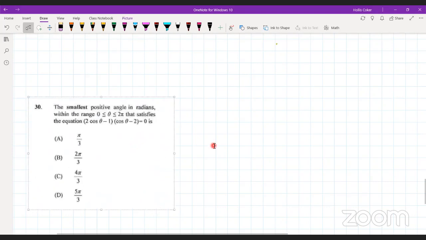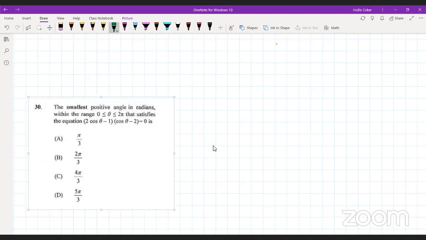The smallest positive angle in radians within the range 0 less than theta less than 2 pi that satisfies the equation 2 cos theta minus 1, cos theta minus 2 is equal to 0 is, well, this is a kind of baby question.